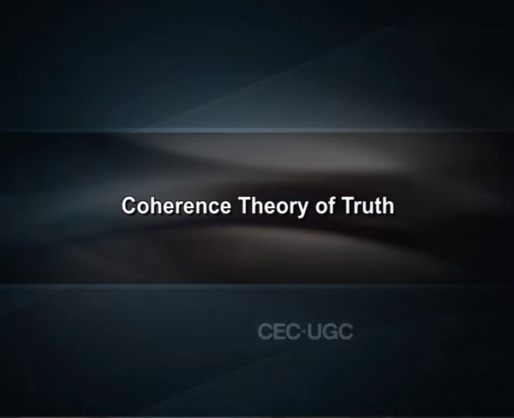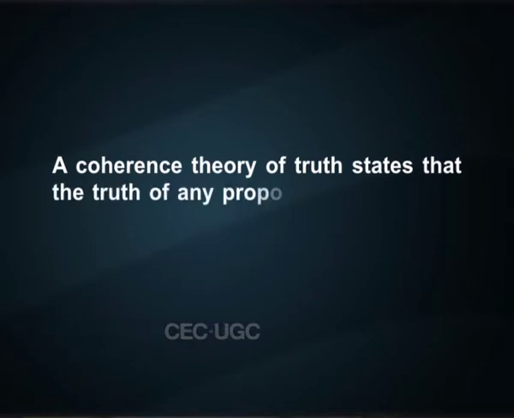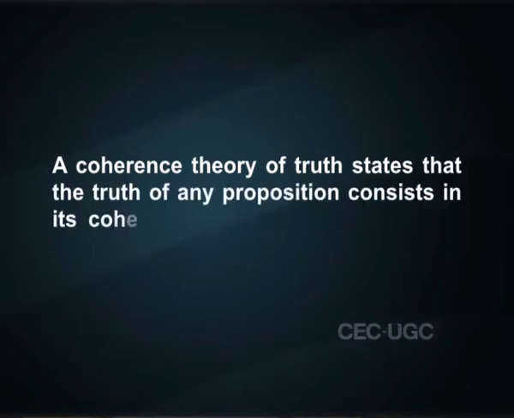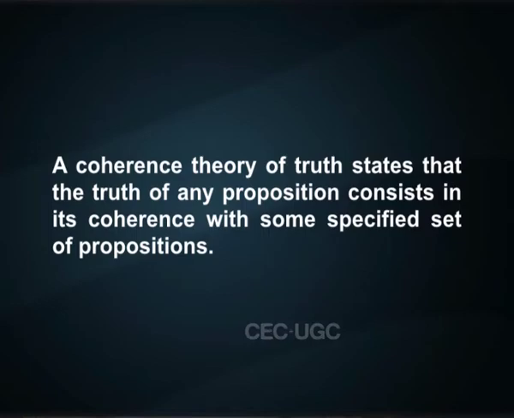Coherence theory of truth. A coherence theory of truth states that the truth of any proposition consists in its coherence with some specified set of propositions.